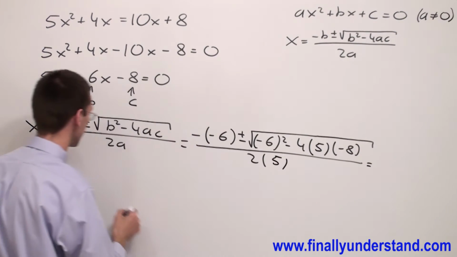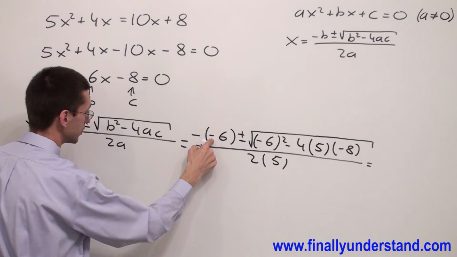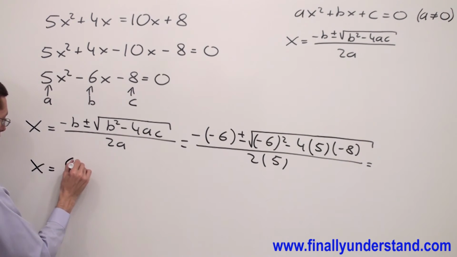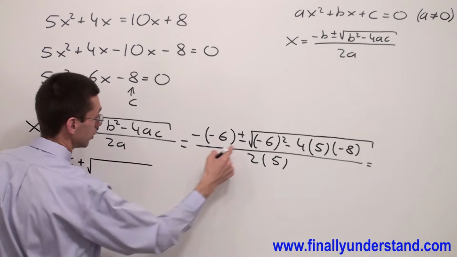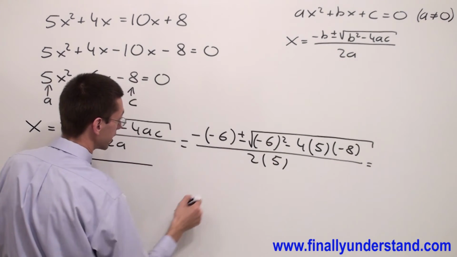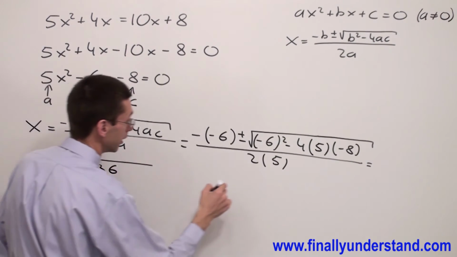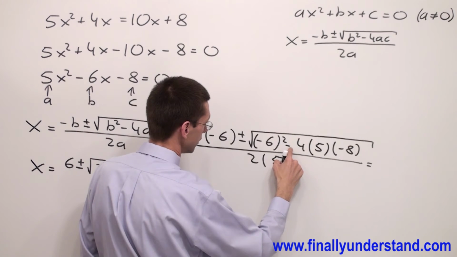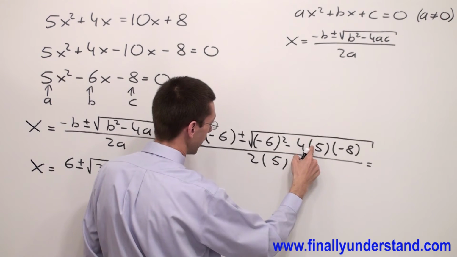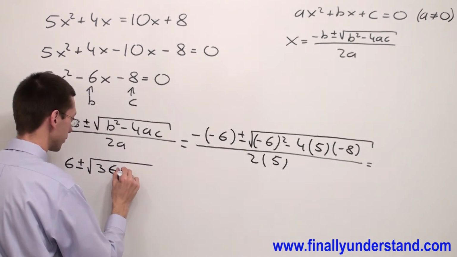I have x equals negative times negative gives me positive 6 plus or minus square root. Negative 6 to the second power is equal to 36. And I have negative times positive will give me negative, times negative will give me positive.